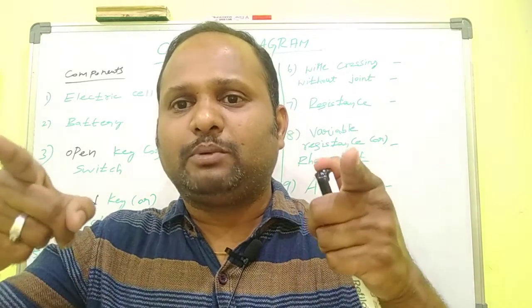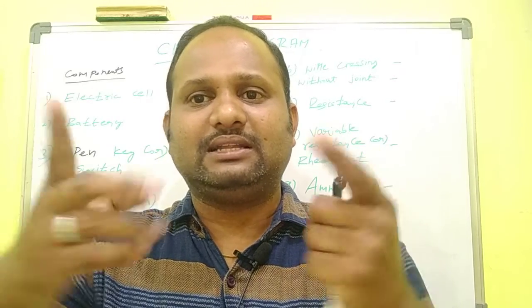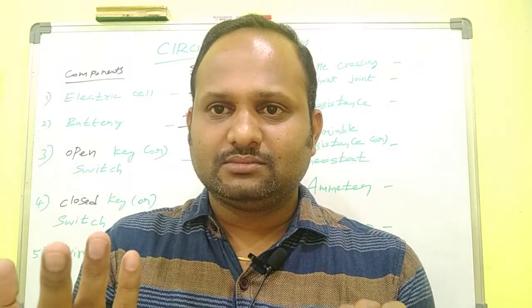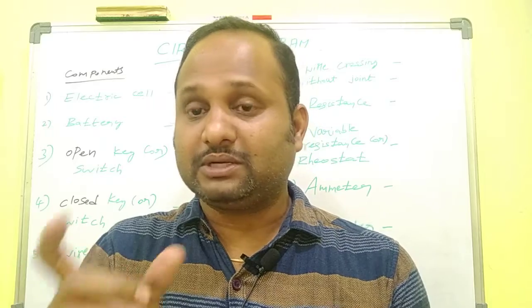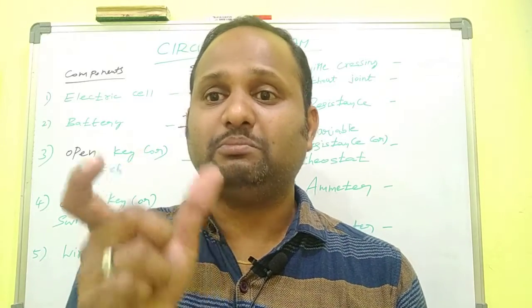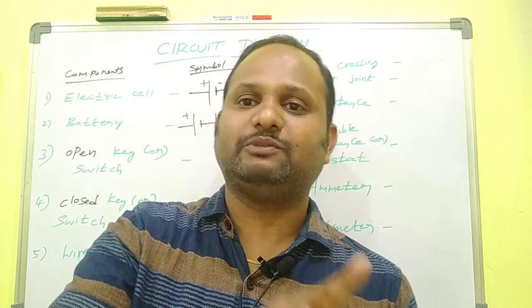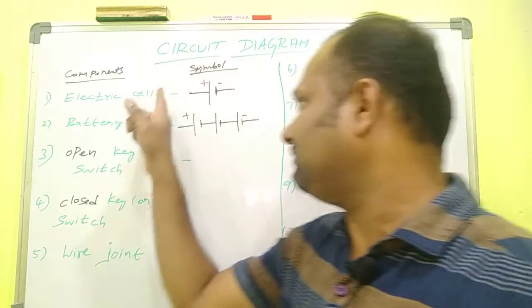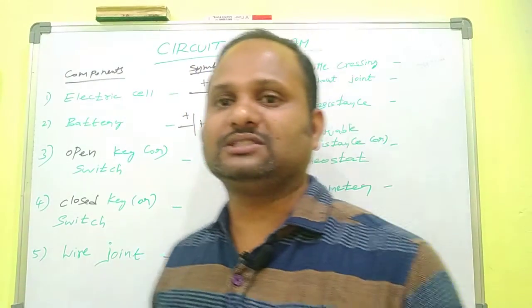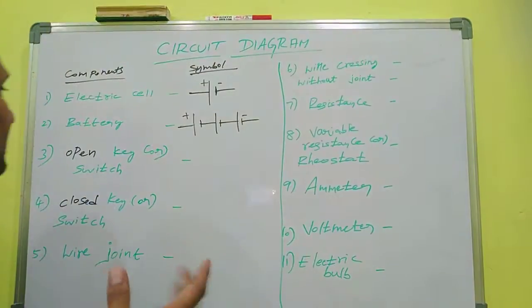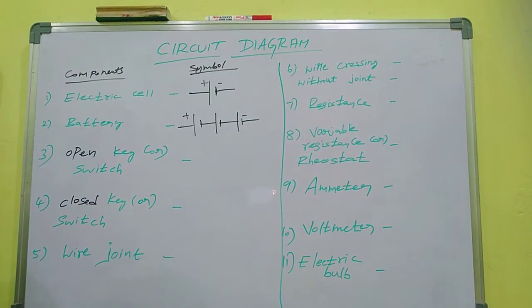If there is no potential difference between the two ends of the wire, then there is no current. So we make a potential difference between the two ends of the wire with the help of a cell or the battery. So we can often use these two symbols. Please remember that.